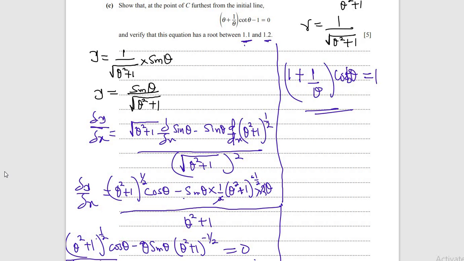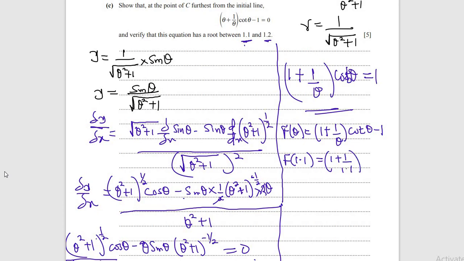Now, okay, which means I can now represent this as a function of theta to be 1 plus 1 over theta, cot theta minus 1. So for the function, when it's 1.1, put theta as 1.1. So we have 1 plus 1 over 1.1.